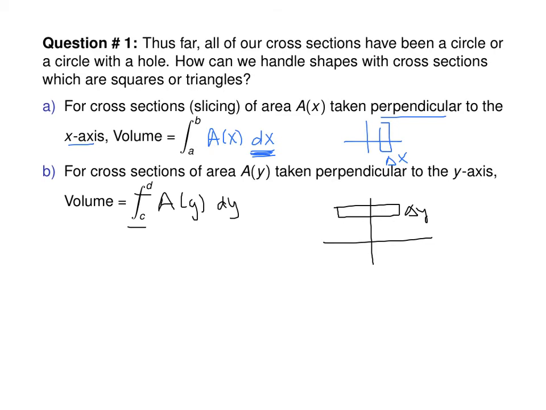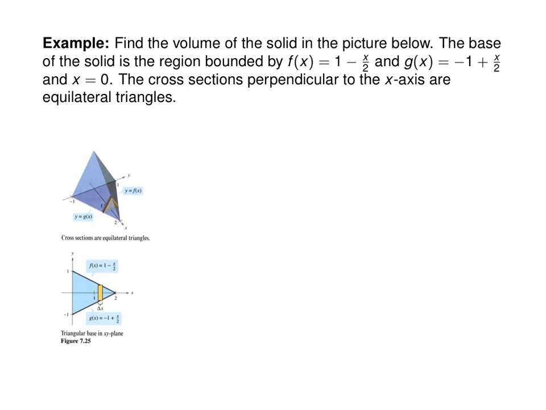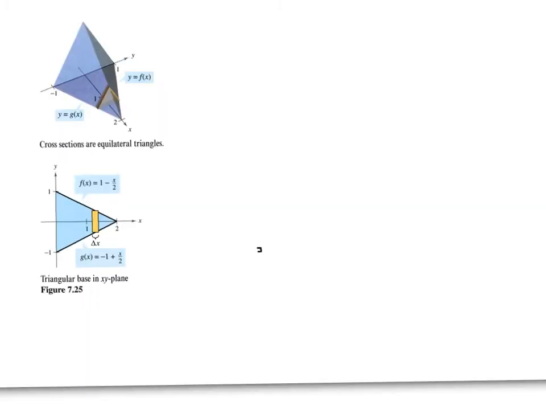Let's do an example. Find the volume of the solid in the picture below. The base of the solid is the region bounded by f of x equals 1 minus x over 2, and g of x equals negative 1 plus x over 2. The cross sections perpendicular to the x-axis are equilateral triangles. So first let's take a look at this solid.